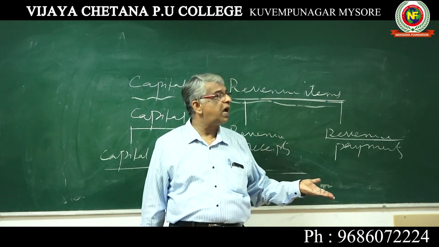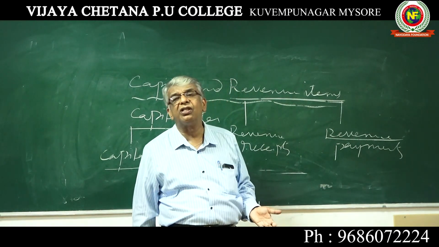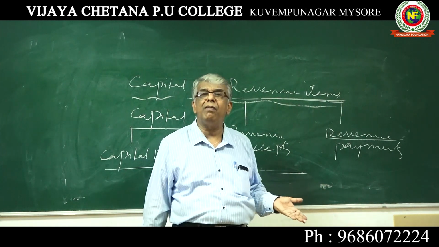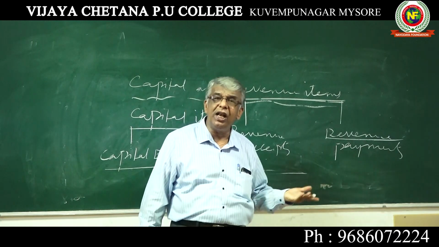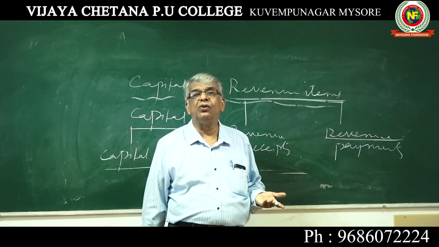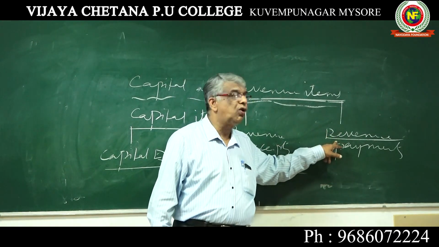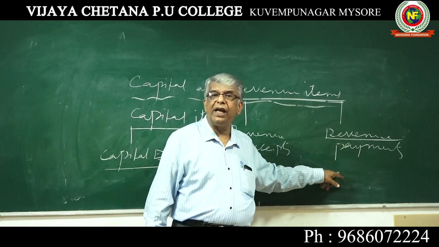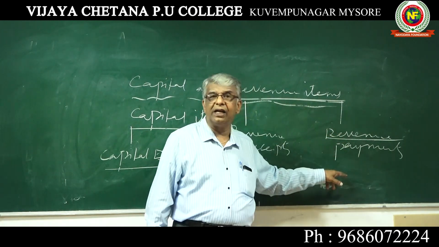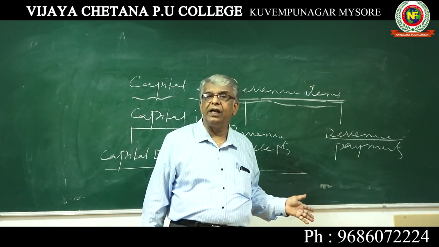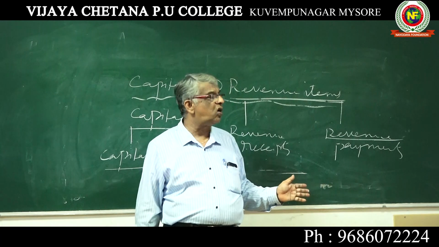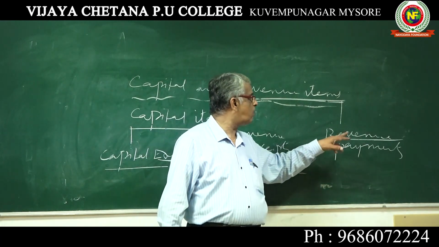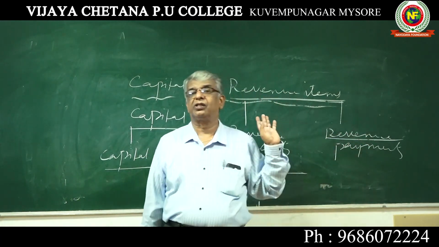For example, salary paid by a college to the staff. They have to pay every month. It is recurring in nature. It is repetitive in nature. So that is what is called revenue payments. Rent paid, electricity bill paid, telephone bill paid, and stationery purchased, etc. are good examples of revenue payments.